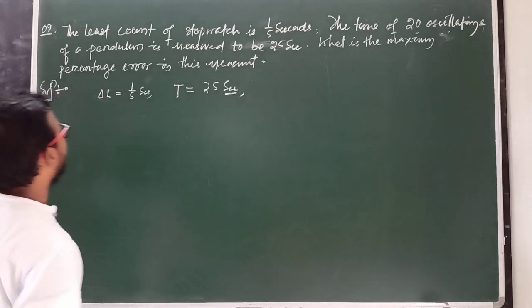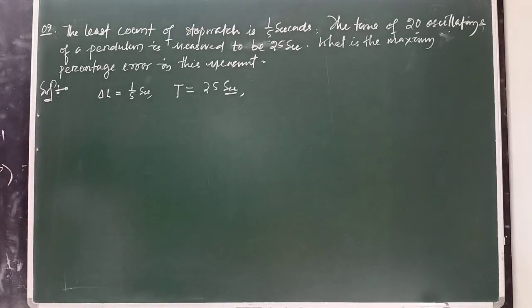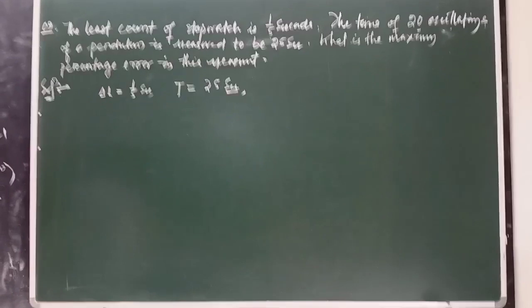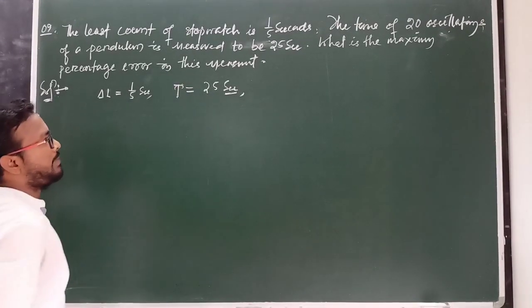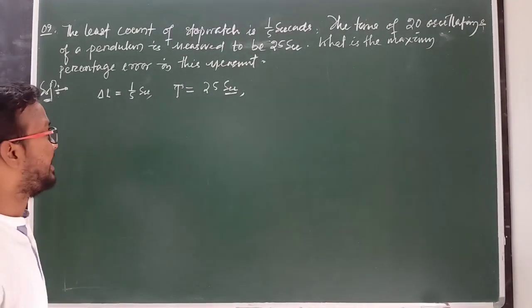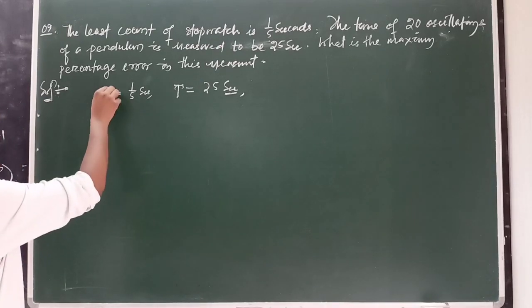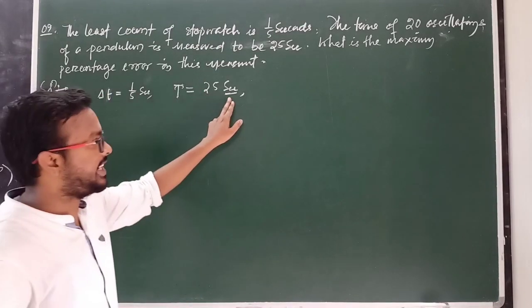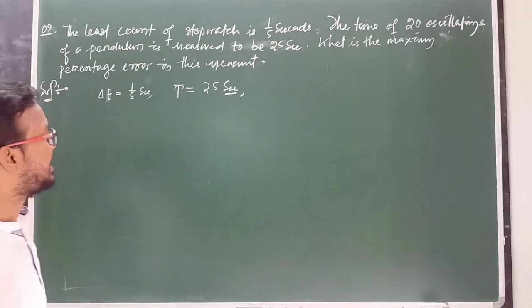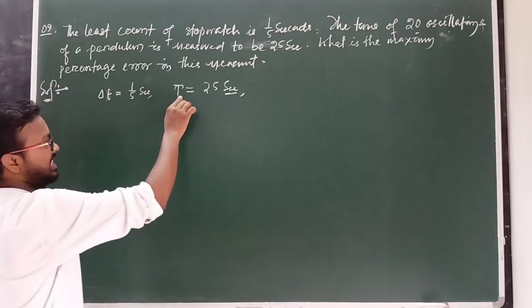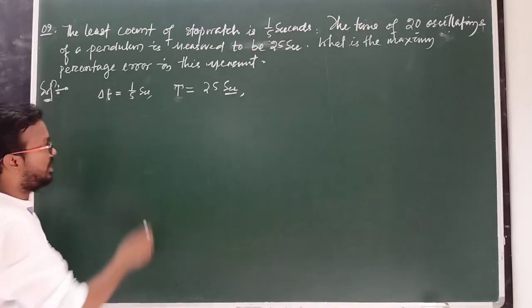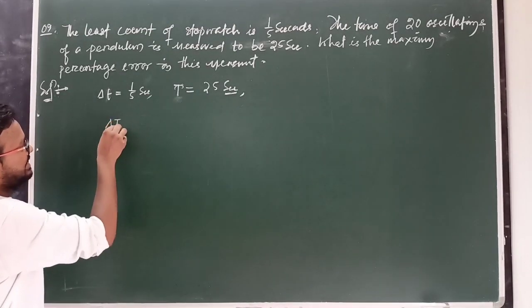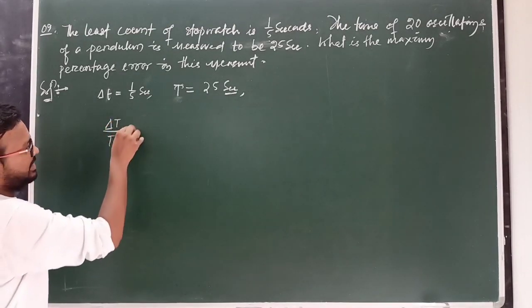What is the maximum percentage error? So we have to find the maximum percentage error, given delta t is 1 by 5 second and t is 25 second. The percentage error in calculation of time period of a simple pendulum is delta t divided by t into 100.